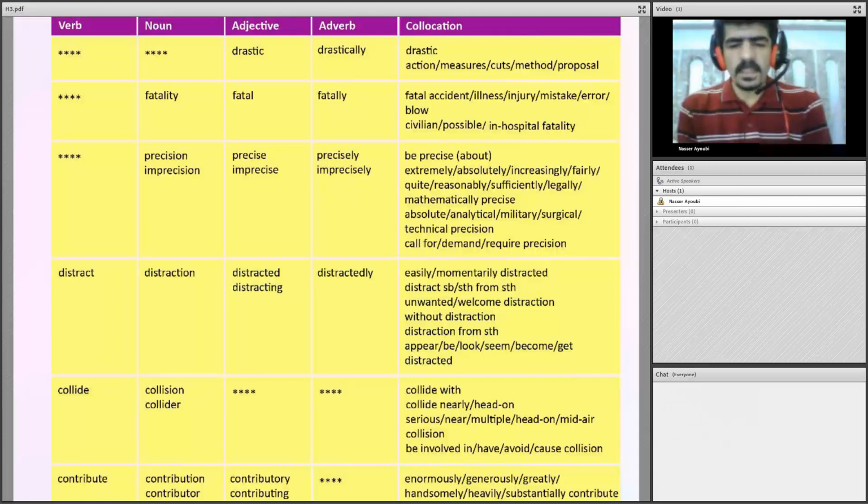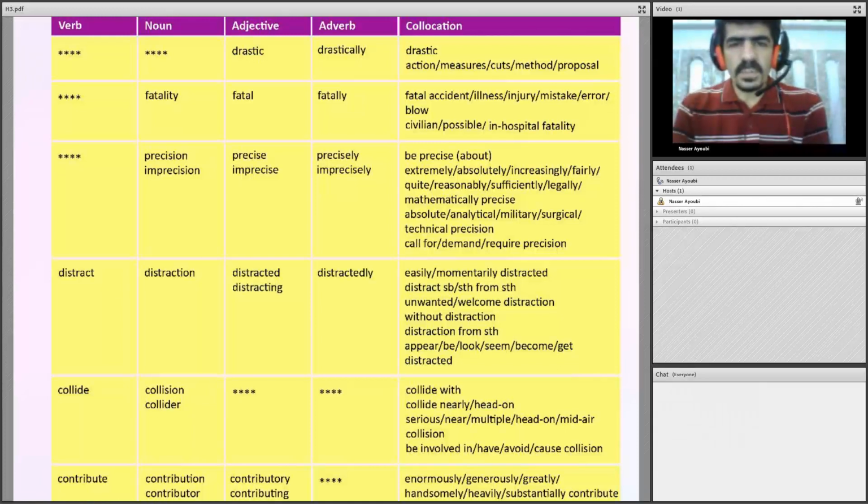Precise, imprecise. Again, the stress pattern doesn't change. Precise means exact, imprecise, inaccurate. Precisely, imprecisely. Precisely, accurately, imprecisely, inaccurately.